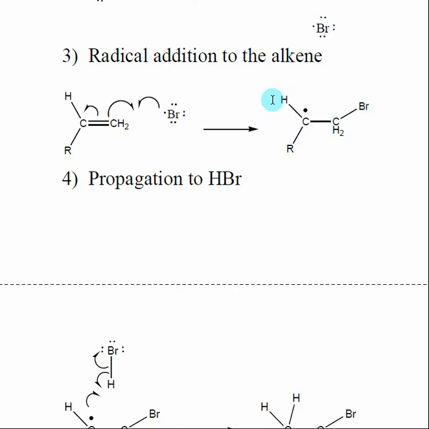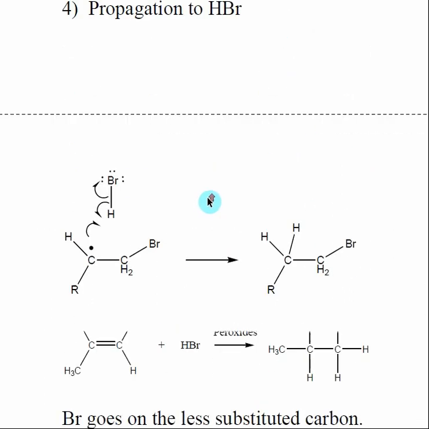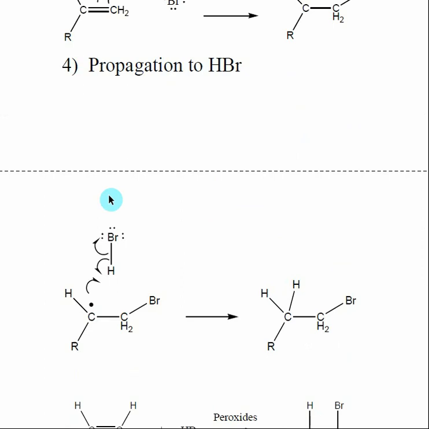So now you can see we're almost to our product. All we have to do is get rid of this free radical, and in this case, we show this by propagation to HBr. There are termination steps in here too. They shorten this down just to make things a little clearer, but there are a lot more reactions going on than what we're seeing here. But in terms of making our product, all we have to do is put a hydrogen on this carbon and we will be done.